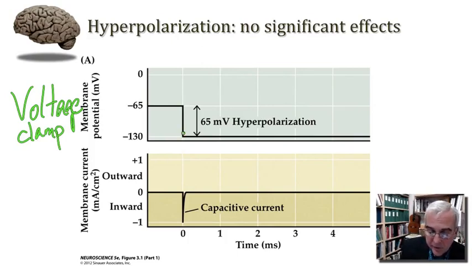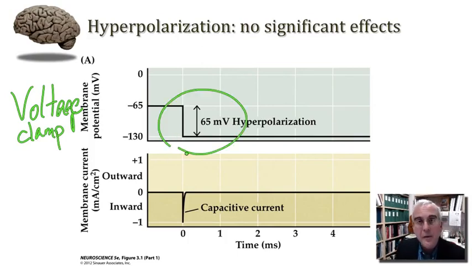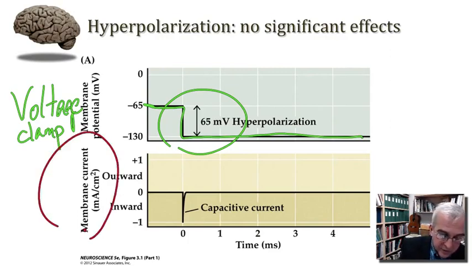And here in this experiment, what's being done is a hyperpolarization of the axonal membrane by 65 millivolts. So they're going from a resting value of about -65 millivolts down to about -130, and then they're holding the membrane or clamping it at that potential for some period of time. And they are measuring then the current that can be recorded during this experiment.